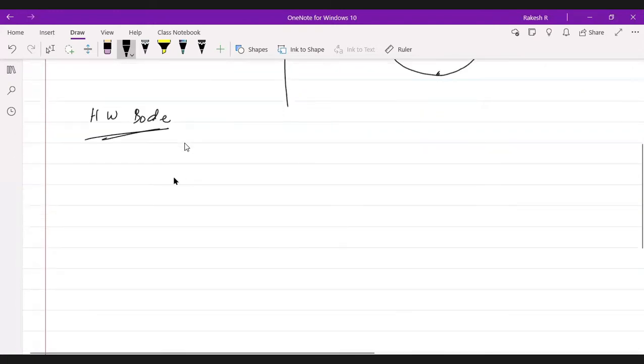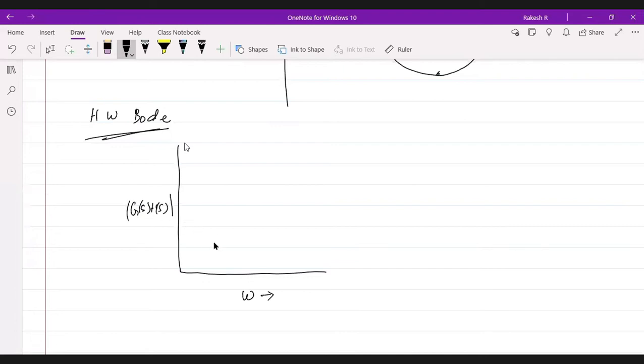So I'll take a graph in which I have the frequency omega and magnitude here, that is g of s into h of s, right?